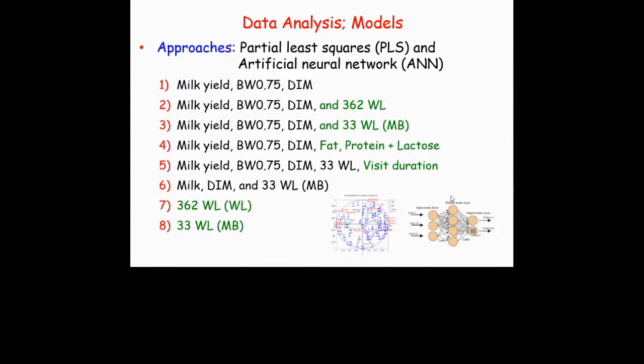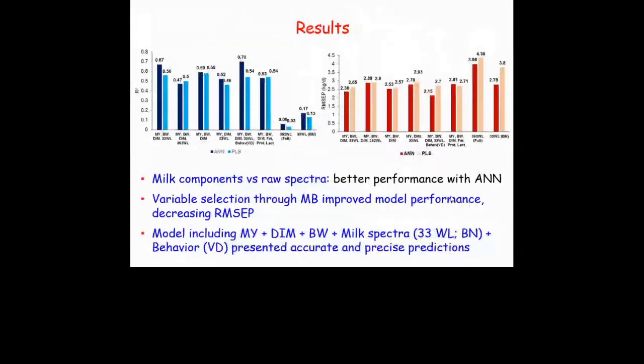So then we compared models using the infrared information with all features or the selected features and so forth. And then I don't need to go into details, but the infrared information did improve the prediction of feed intake of cows. Okay?